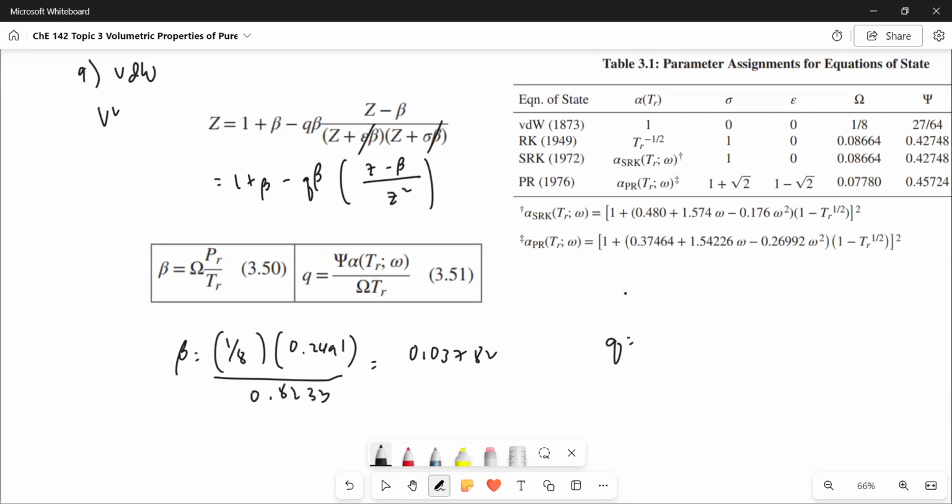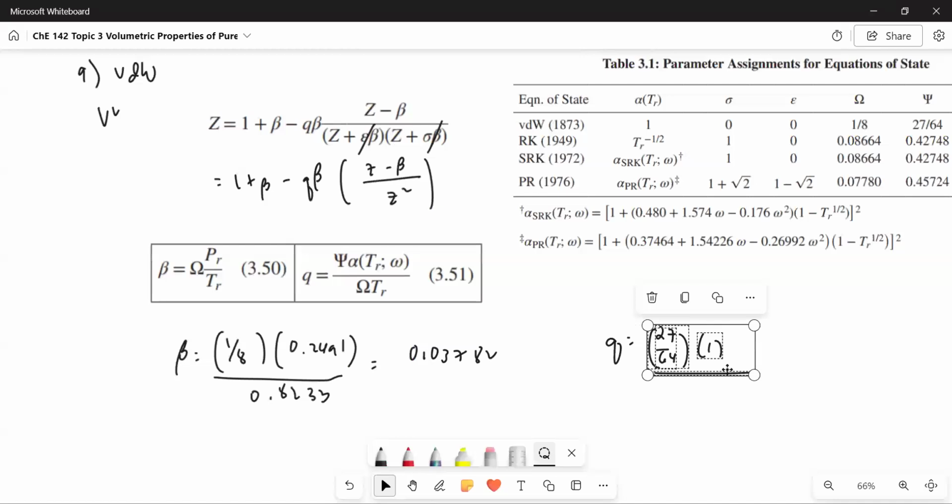For Q, we'll use that one. Psi is 27 over 64 for Van der Waals. Alpha TR as a function of TR is 1, so let's substitute 1.